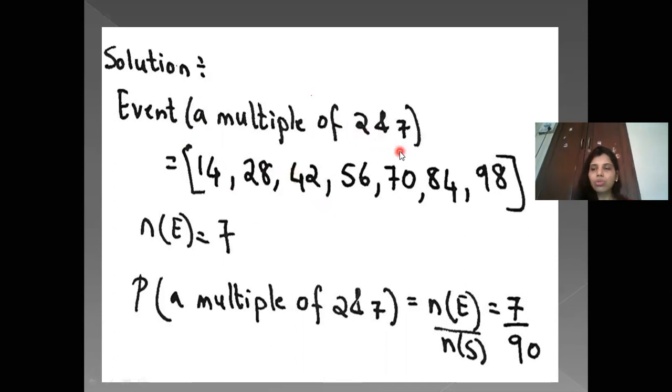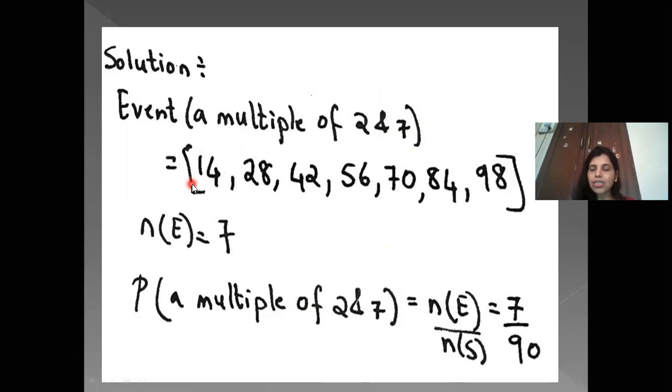Now how do you identify this? You write the table of 2. Orally also you can say 2 ones are 2, 2 twos are 4, 2 threes are 6. When you say it orally, pick out those numbers which also fall in the table of 7, like 2 sevens are 14. So 14 is there definitely.